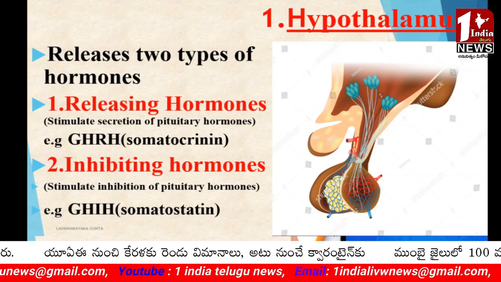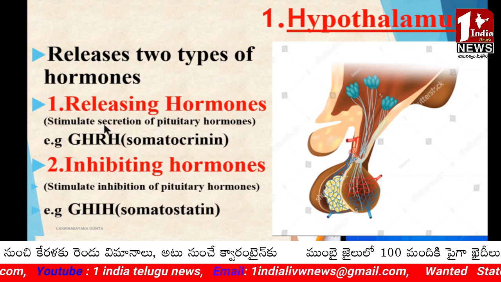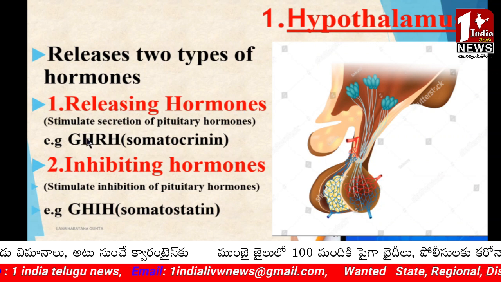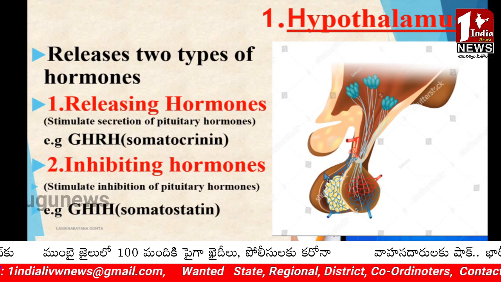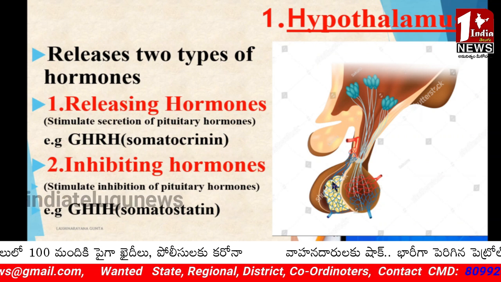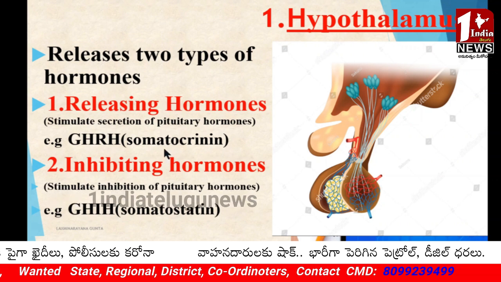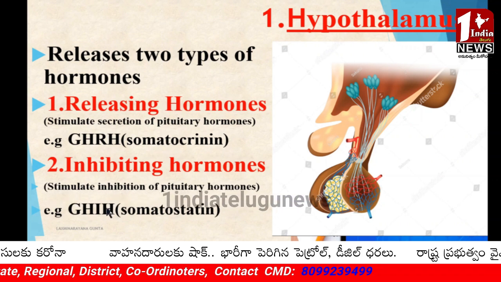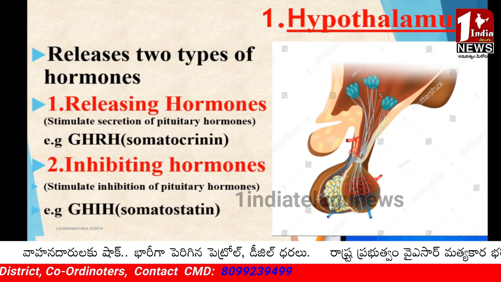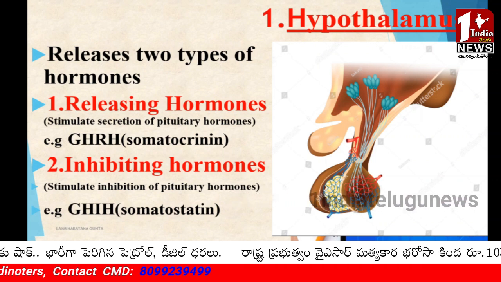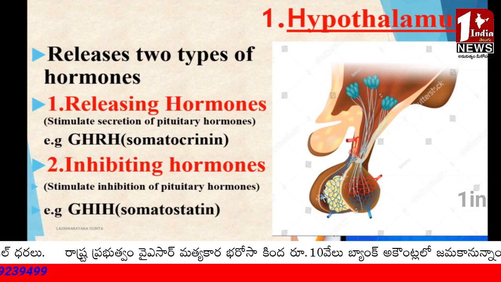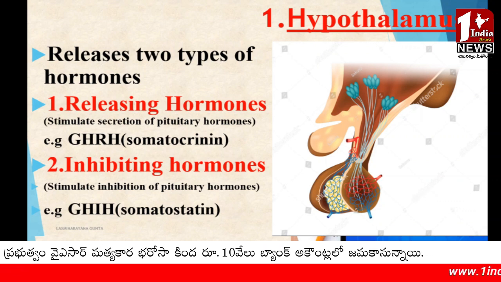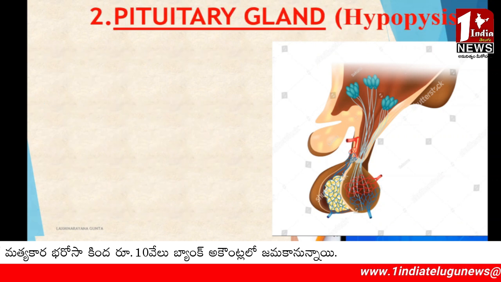Similarly, GnRH, gonadotropin releasing hormone, causes the release of gonadotropins, the follicle stimulating hormone and luteinizing hormone. Similarly, GnIH, gonadotropin inhibiting hormone, stops the production of follicle stimulating hormone and luteinizing hormone. Thus the hypothalamus releases releasing hormones and inhibiting hormones.